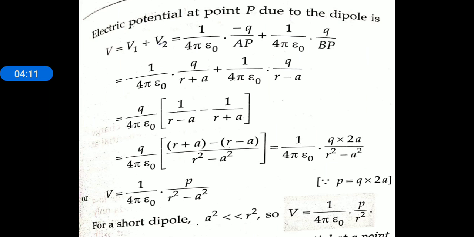So we will calculate V1, the potential due to the negative charge at point P, and V2, the potential due to the positive charge at point P. Since the distance of the negative charge q is AP from point P, V1 is 1 upon 4 pi epsilon naught minus q upon AP, and V2 is 1 upon 4 pi epsilon naught q upon BP. Now put the values of AP and BP.